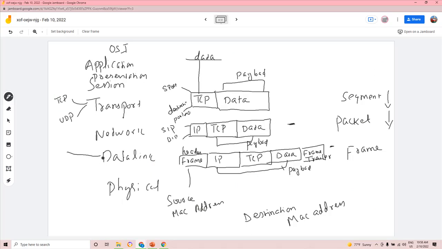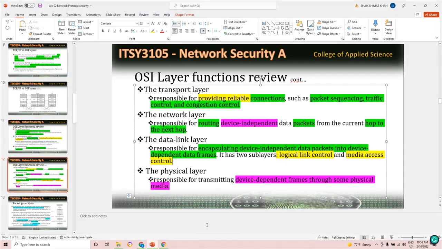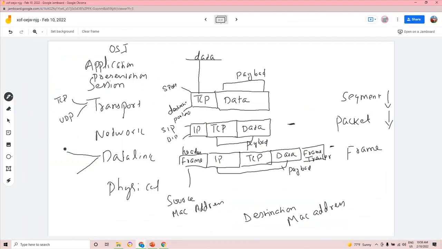Once again, the data link layer has two sublayers: logical link control and media access control. Logical link control and media access control are the sublayers of the data link layer. You have to be very strong, students, regarding these layers. Don't miss any one of the points which I am giving.